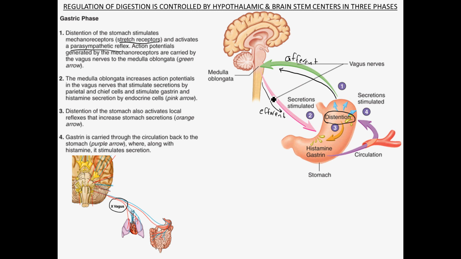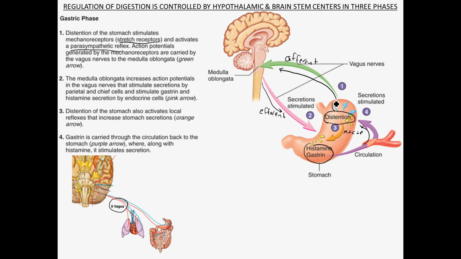And as we saw on the previous slide, efferent action potentials here, of course, cause histamine and gastrin release, and then that gastrin feeds back here and will stimulate the mucus and chief and parietal cells to be secreting. And I don't think I mentioned this, but I kind of just skipped over because I was excited, I guess, about talking about the vagus nerve.